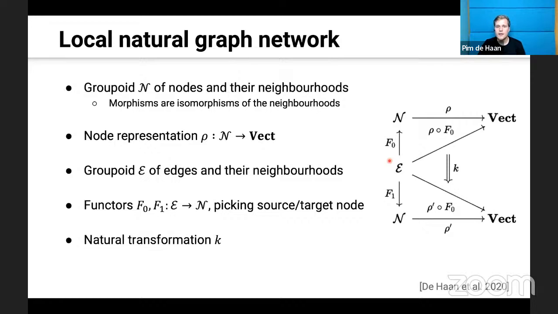Or we can map from an edge to the target node, and then to the vector spaces, giving us another functor from the edges to vector spaces. And then we say that a natural graph network is a natural transformation between them. So this is a lot of words, and if you're interested, I encourage you to look at our paper.